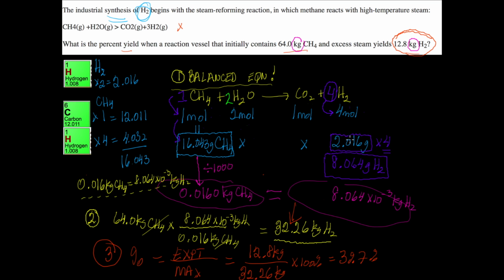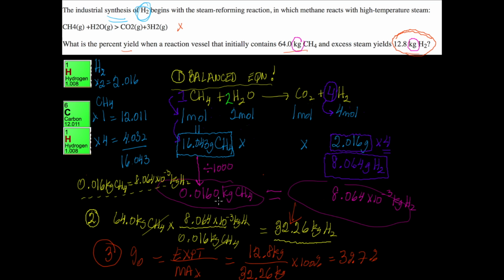So it's a little bit of scratch work and scribbling and so on, but I hope this presentation helps you understand the concept a little bit more. This balanced chemical equation tells you 1 mole of CH4 forms 4 moles of H2. Or if we use the periodic table, 16 grams of CH4 is going to be equal to 8 grams of H2.